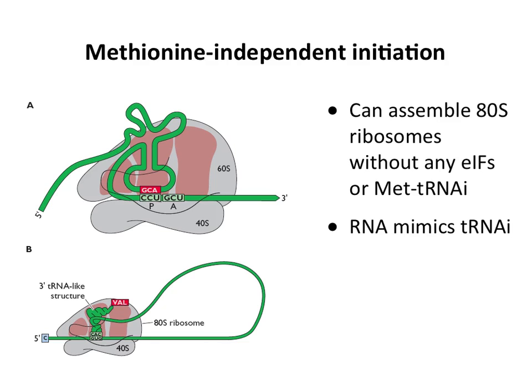The second one is shown here. This is actually a plant viral RNA. These are both positive strand RNA viruses. And this one is very interesting. The 3' end of this viral RNA can fold into a tRNA-like structure. You can see it right here. And it is actually so much like a tRNA that the cell sees it and puts an amino acid on it. It charges it, and in this case it's a valine.